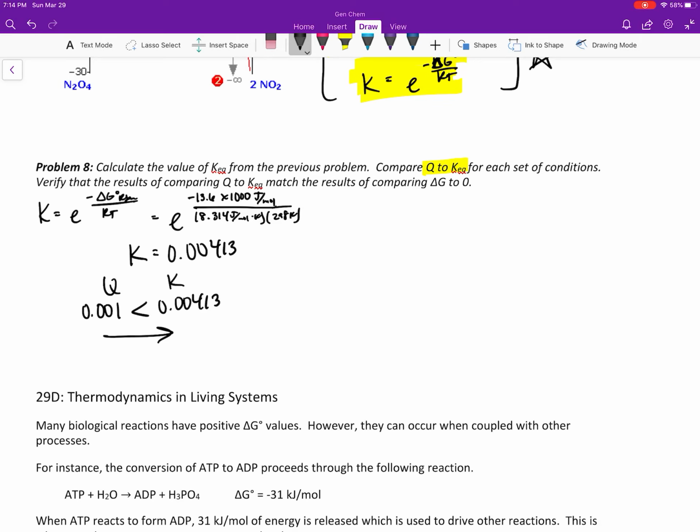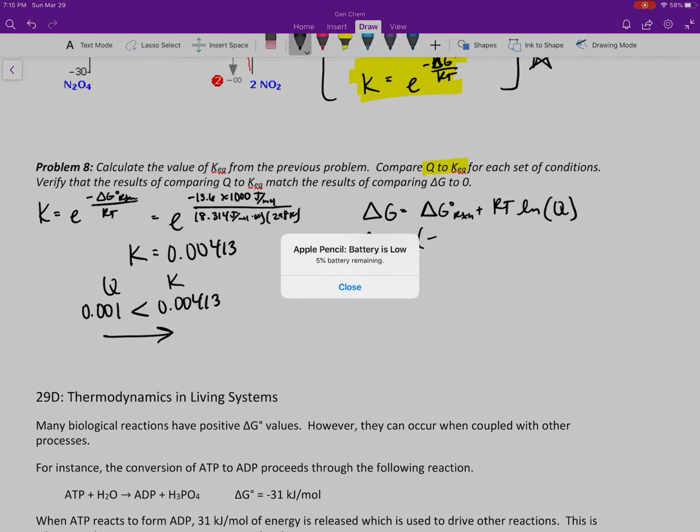If now we want to calculate delta G, I want to know what delta G is.